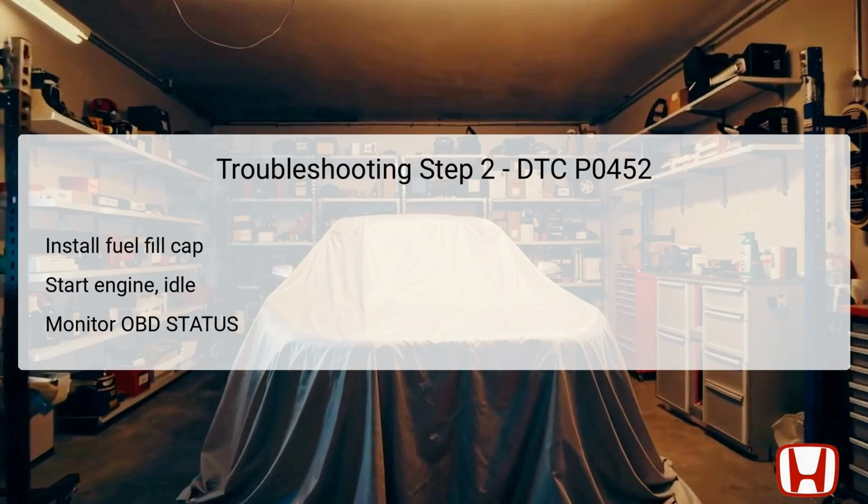In this step, after turning the ignition off, reinstall the fuel fill cap securely. It is crucial to ensure that the cap is properly sealed, as an improper seal can sometimes trigger a low voltage error code. Then, start the engine and allow it to idle for a period. During this time, monitor the onboard diagnostics OBD status for the DTC P0452 in the HDS DTC menu.